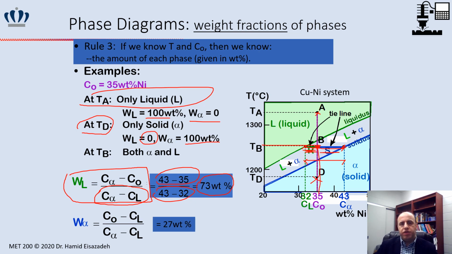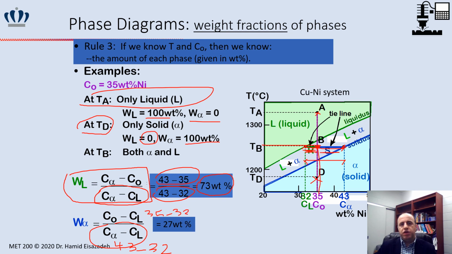And we do the same thing for the alpha. The denominator is going to be the same, 43 minus 32, and the numerator is going to be this portion here, 35 minus 32.